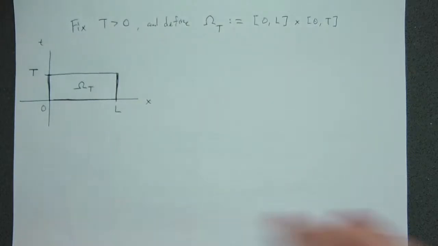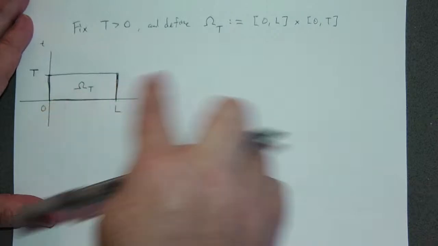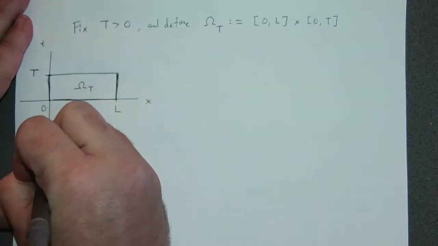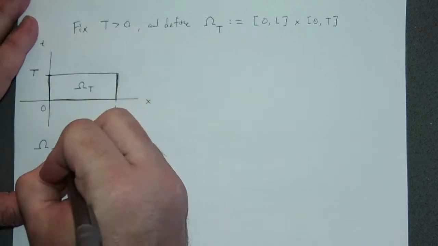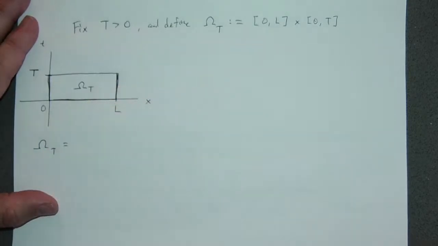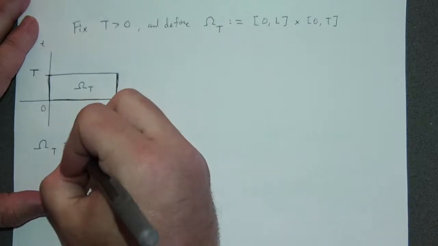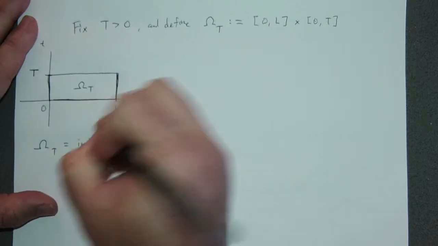Now I can think about this as two parts, of course. This omega T is really the interior of omega T, which I'll write like this.